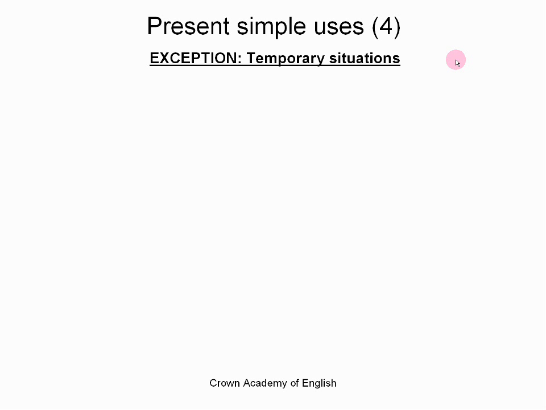And we also said that normally temporary situations, or situations which are happening now, we use the present continuous form for those situations. But there are just a few exceptions, okay? And this is what we are talking about here.